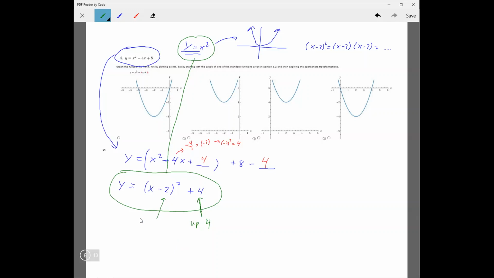And the 2 means 2 to the right. So you're going to take this graph right here, it's going to go up 4 and 2 to the right, and so it's going to be right here, and then that's going to be the new graph. So you just look at which one of these does that, and it looks like this one right here.